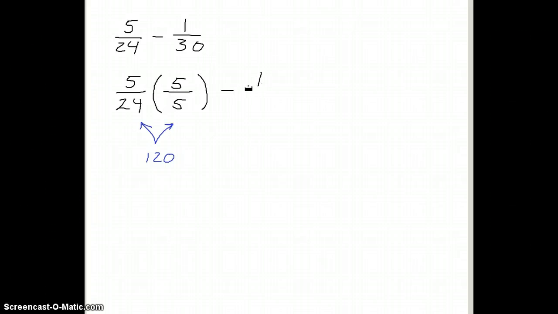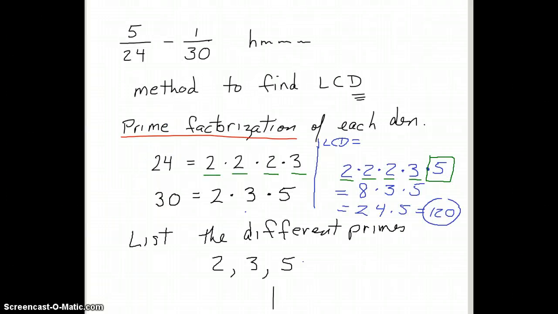Now I'm going to subtract 1 over 30. 30, well, what do I need to multiply that by? Let's go back again. What do you think we need to multiply by? Thirty has a 2, a 3, and a 5.